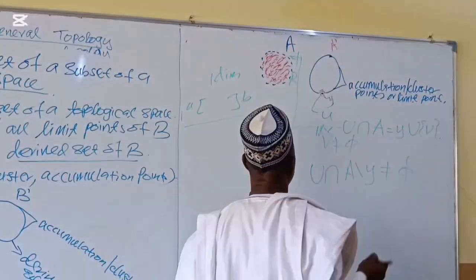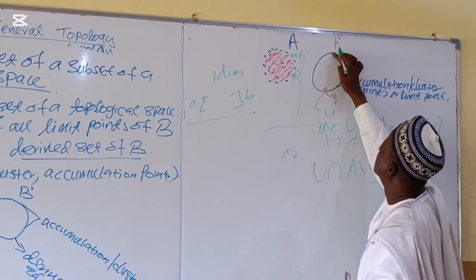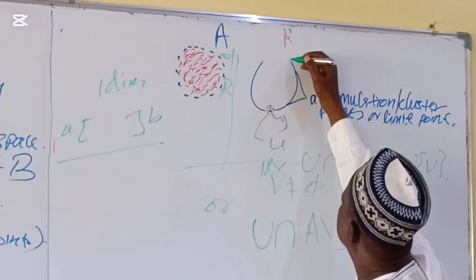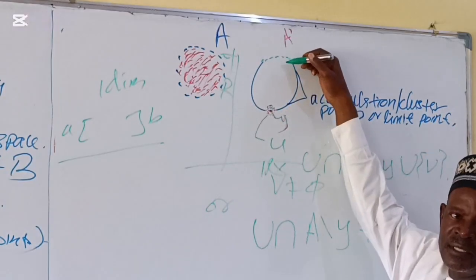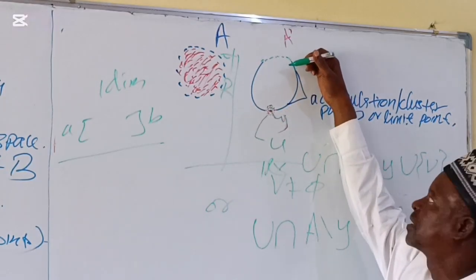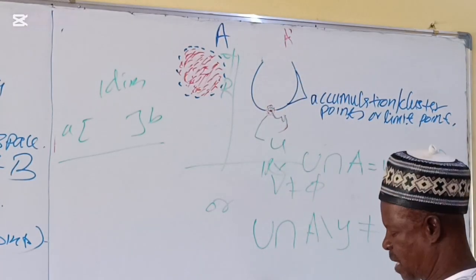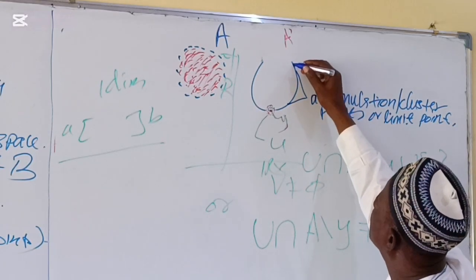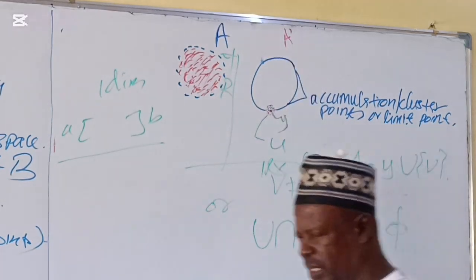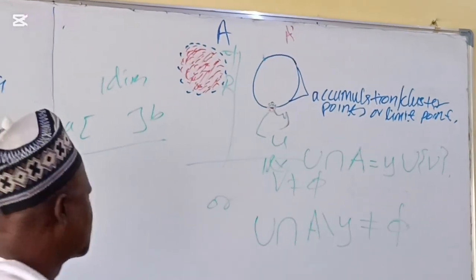Supposing this set of limit points is not complete, it contains these ones but doesn't contain this, then we are not going to call it closed. If it is closed, it will have to contain all the limit points of it. So that's another definition of a closed set.